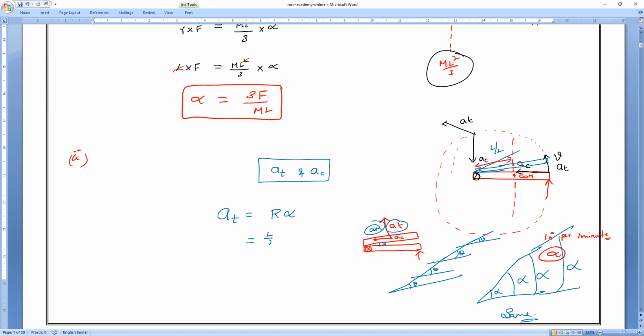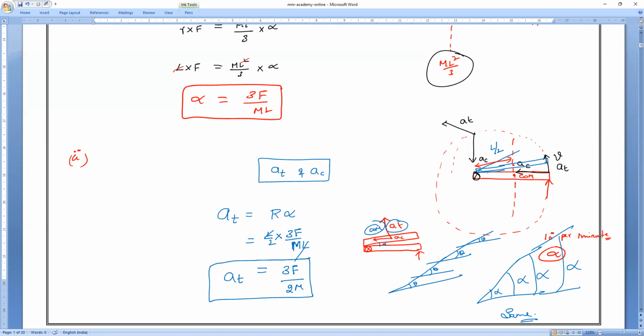Very good. L by 2 into what is the alpha value? 3F by ML. 3F divided by ML, so L and L will get cancelled. What is the answer? 3F by 2M. This is the tangential acceleration.